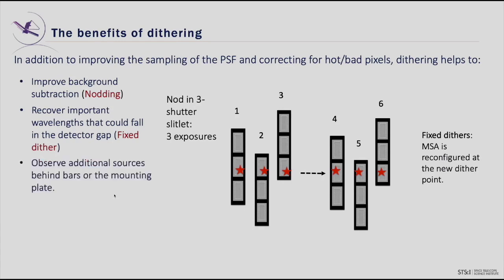In doing so, you can observe additional sources that were behind the bars or behind the mounting plate in the earlier set of nodded exposures. It also helps to mitigate the effects of light leakage through the MSA, because each of the shutters in the MSA has a finite contrast, and they're all different from one another.